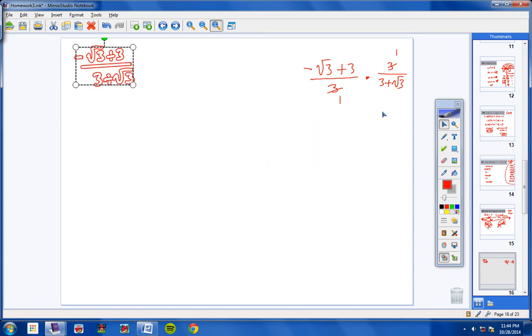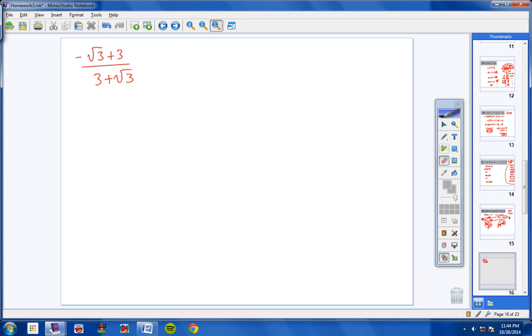So now we get the crazy privilege of multiplying the top and the bottom by the conjugate of the denominator, which would be 3 minus square root of 3 over 3 minus square root of 3. Now, I've done all the work for you.